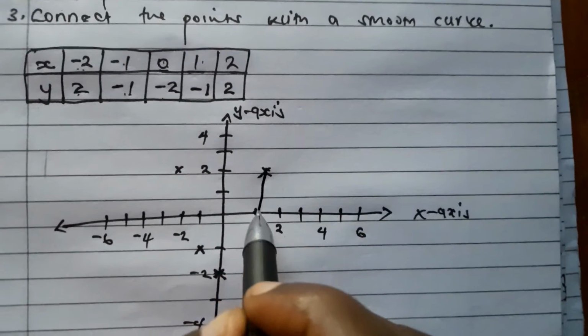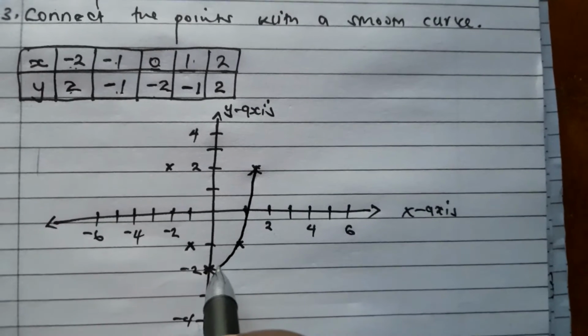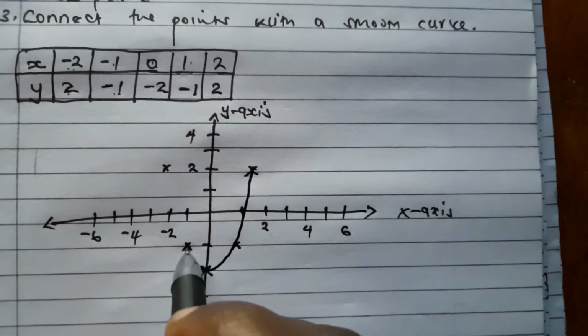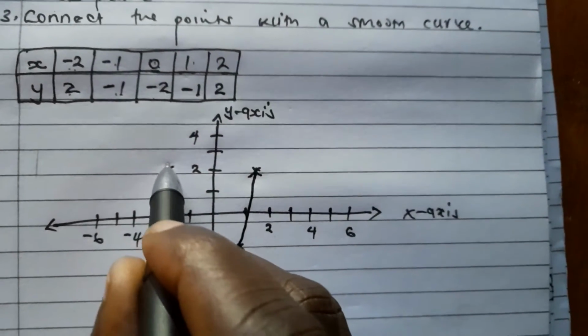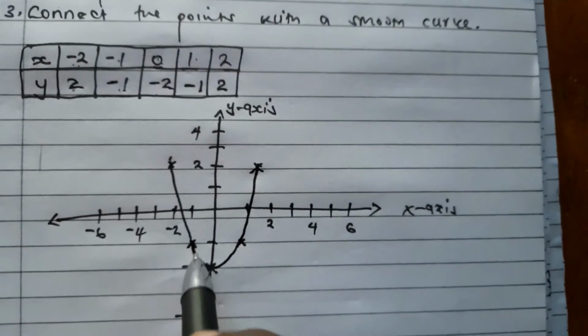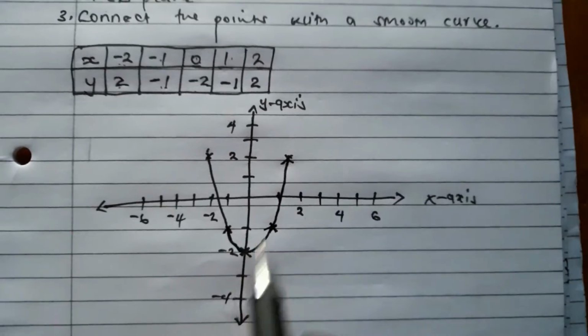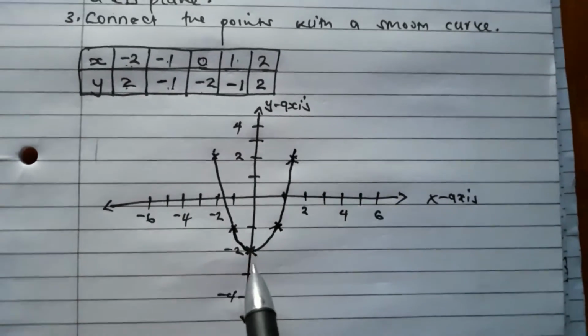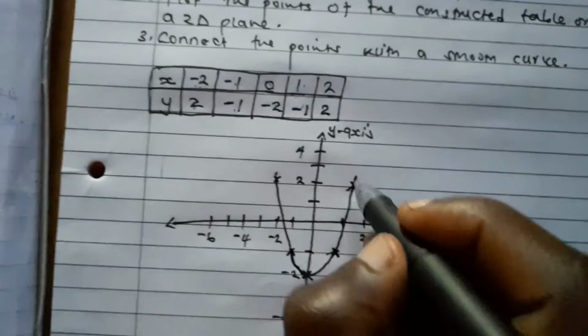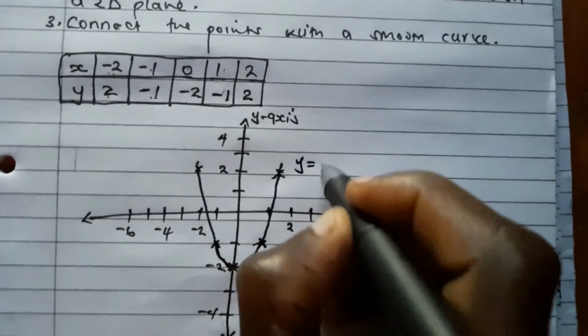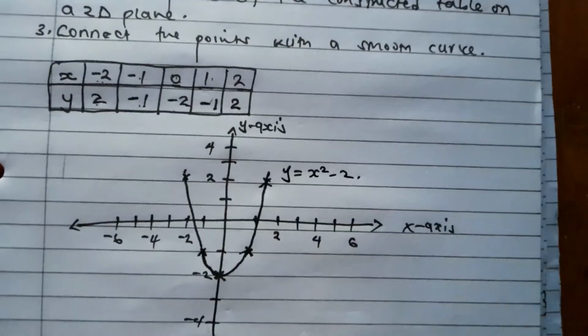Though my curve is not that smooth here, but at least we have tried. So this is how we can construct the graph using the solution points. So this is the graph of y is equal to x squared minus 2.